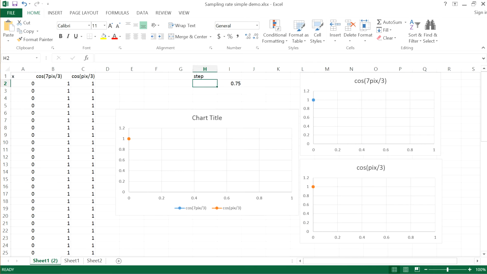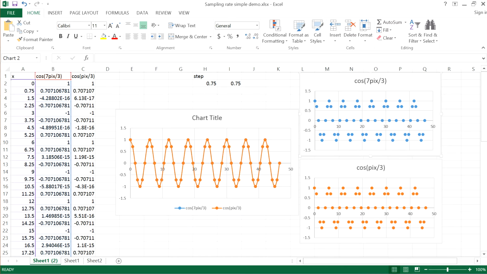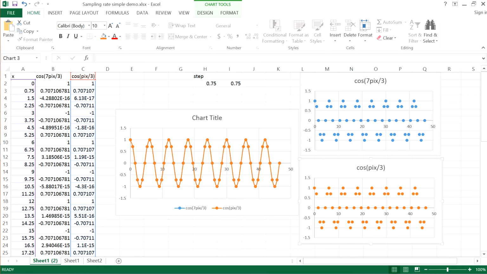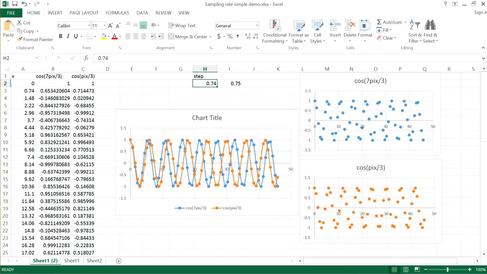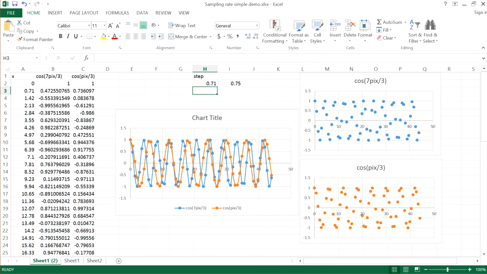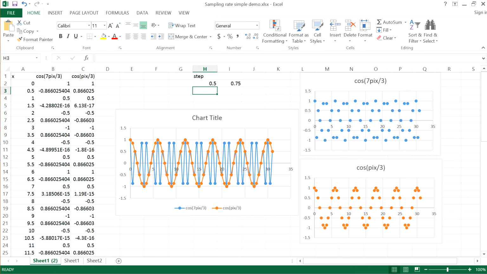At first, at 0.75, as you can see, your cosine 7 pi over 3 and your cosine pi over 3 are the same. If I go slightly lesser, I'll have a lag. If I go lesser again, maybe 0.71, I'll have a lag. And with 0.5, I'll have a lag.